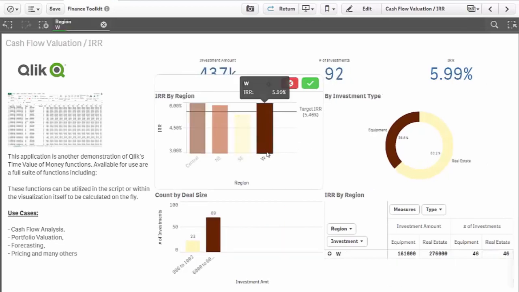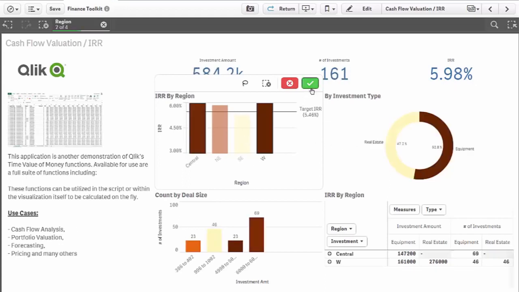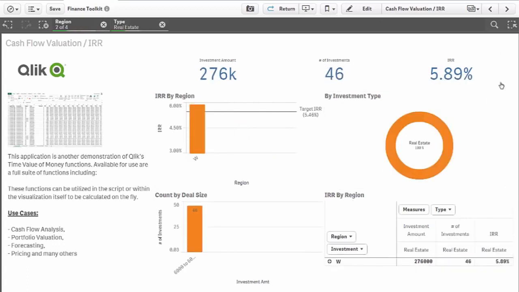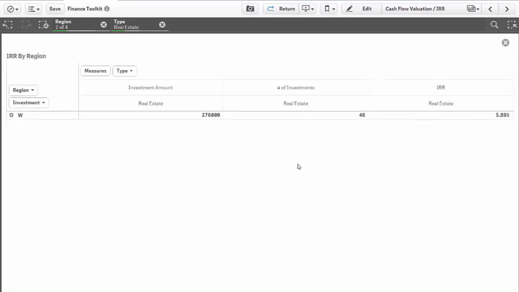And what it allows me to do is go in and say, if I want to look at the West portfolio only, I have an IRR of that portfolio of 92 investments of 5.99%. But what if I wanted to combine the West with Central? I've got 5.98, and maybe I just want to look at the real estate portfolio only. And I can see, as I open up this view here, that I've got 46 investments with an IRR of 5.89.